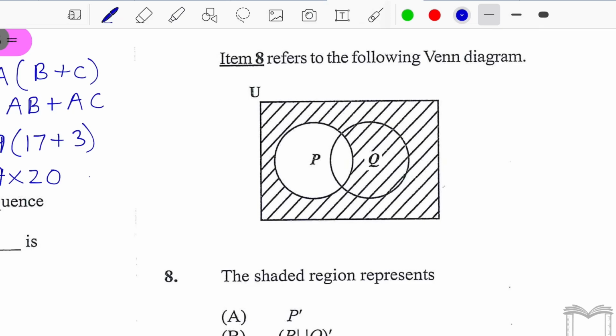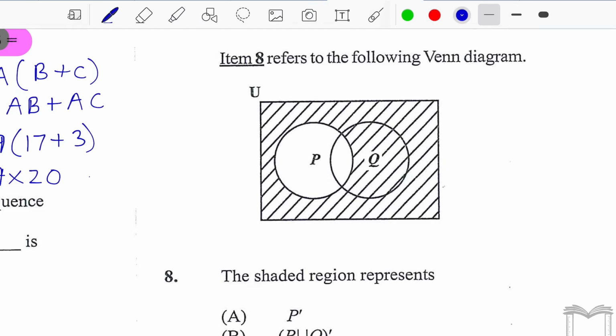Number 8. Item 8 refers to the following Venn diagram. The shaded region represents, right, so this is a sets question. The shaded region, okay. We can see that the shaded region is everything except P. How do we write that?